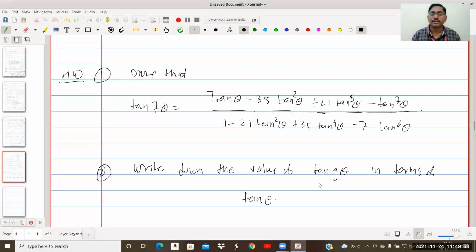Use the expansion of tan n theta, take out cos n theta and sin n theta, or if you remember the formulas of cos n theta and sin n theta, apply them directly. If you don't remember, you can find them procedurally. So take note of these two examples. And mark your attendance.